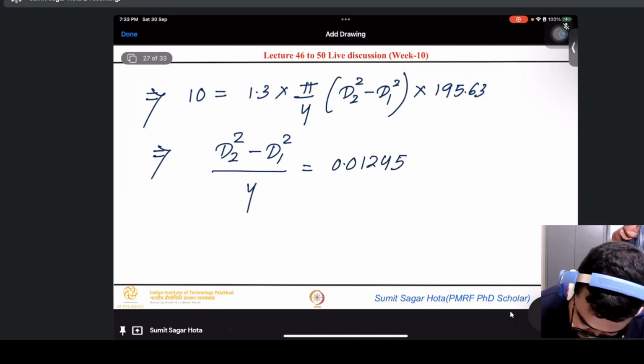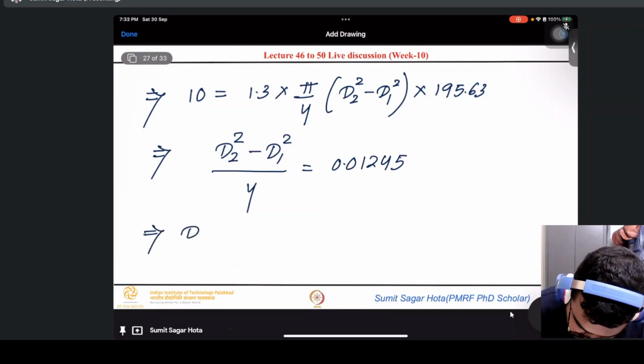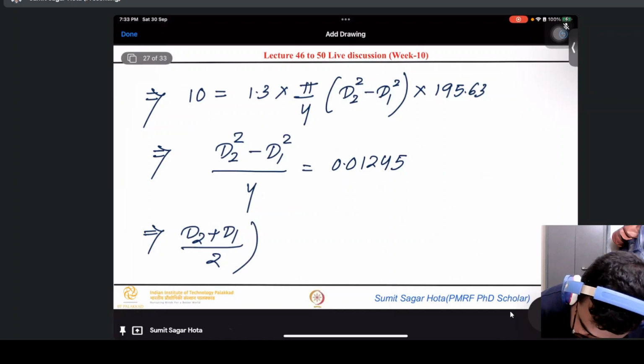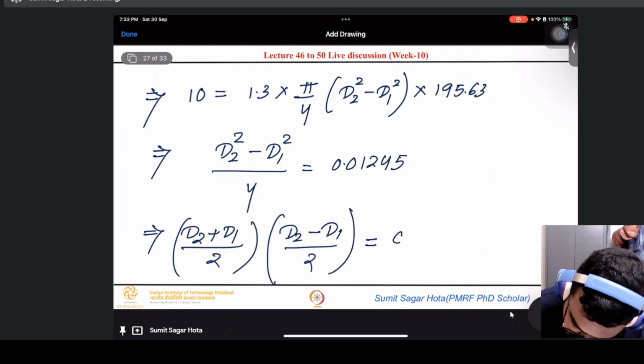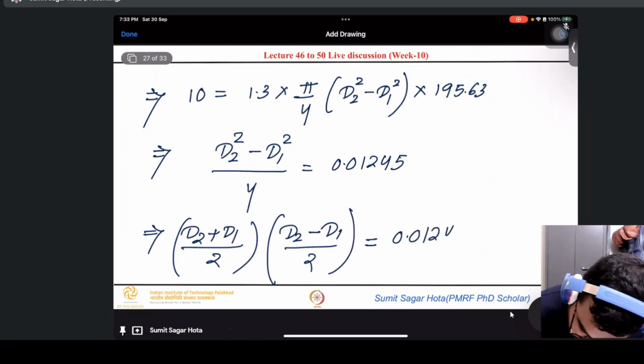So now you can change this as d2 plus d1 by 2 into d2 minus d1 divided by 2, that is your 0.01245.